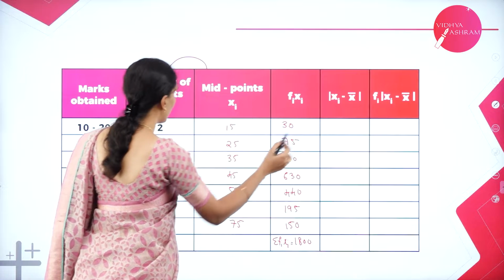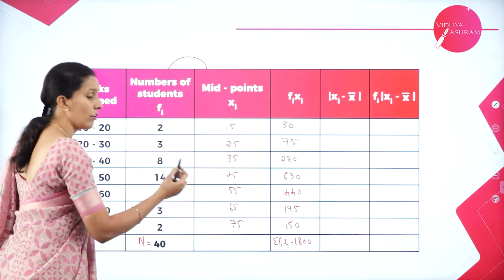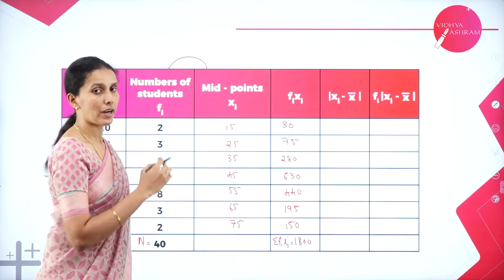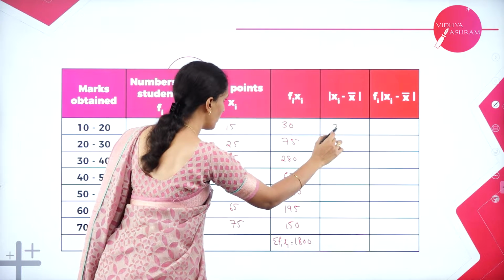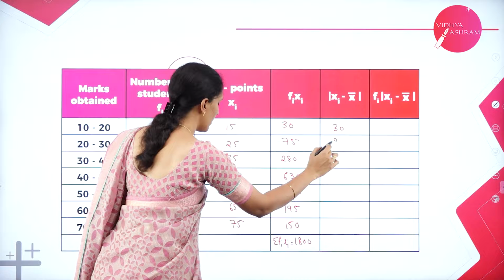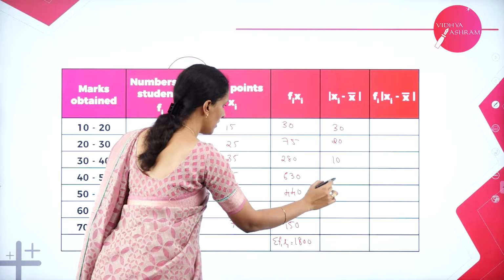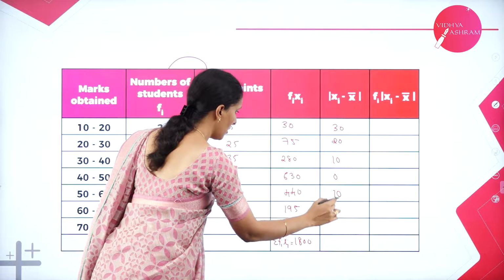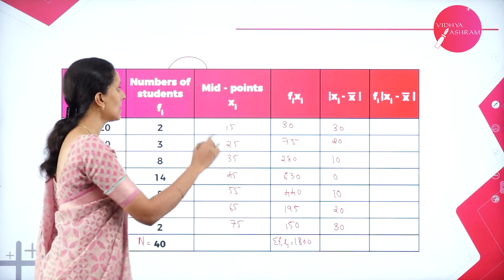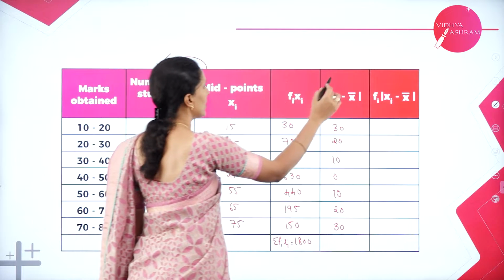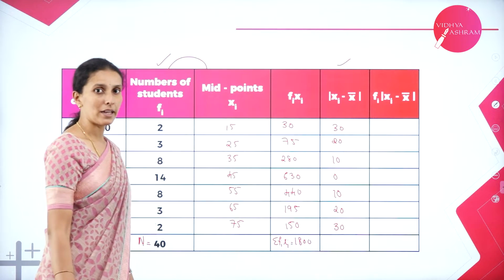Let us subtract each xi from x bar, that is, subtract all the values from 45. So when you subtract, you will get 30, 20, 10, 0, 10, 20, 30. Now we have the modulus. Let us multiply the frequency with this modulus of xi minus x bar.